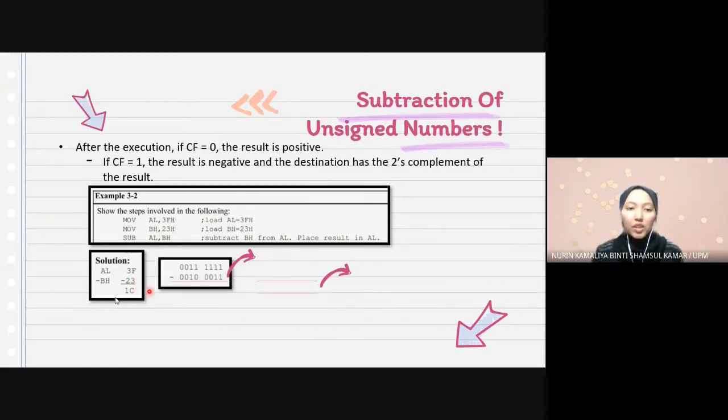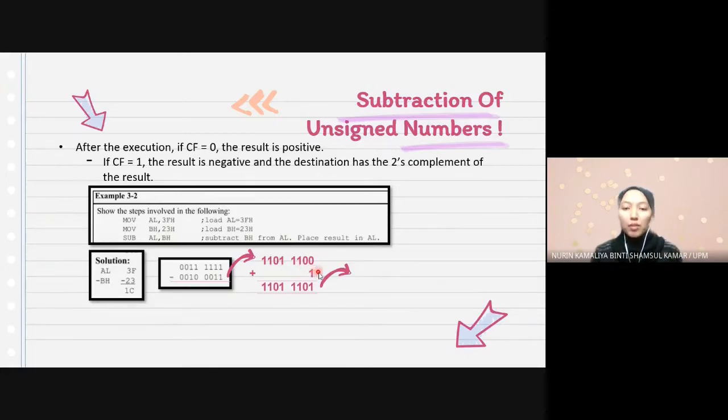In binary form, 3F is 00111111 and 23 is 00100011. We need to use 2's complement. So using the 2's complement, it becomes 1101 1100.